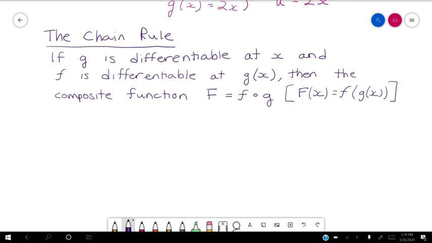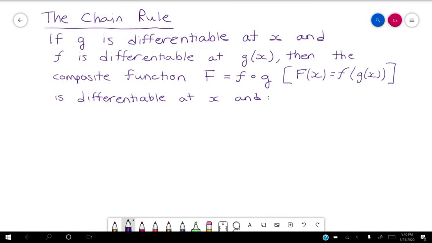Then that function is differentiable at x, and the derivative is the following. F prime of x is equal to, and how we're going to do it is we're going to take the derivative of the outside function first, with the inside function still inside, and then we're going to multiply it by the derivative of our inside function. And that's the chain rule.